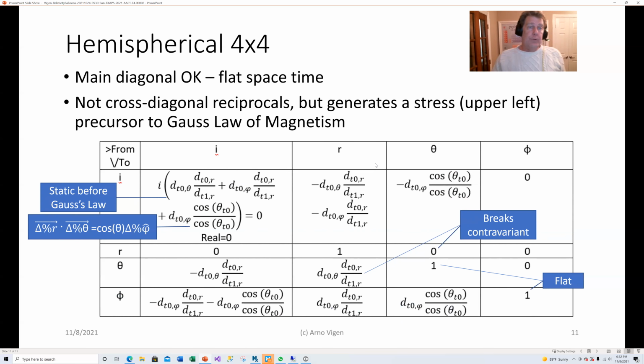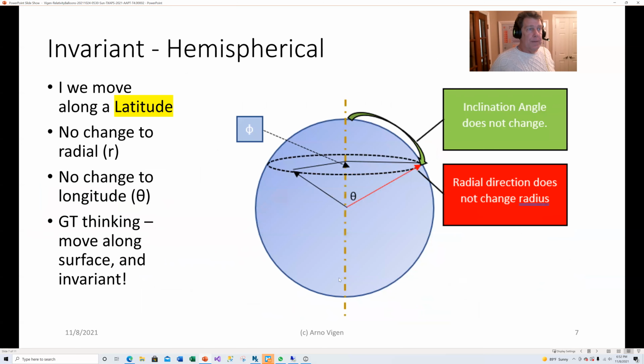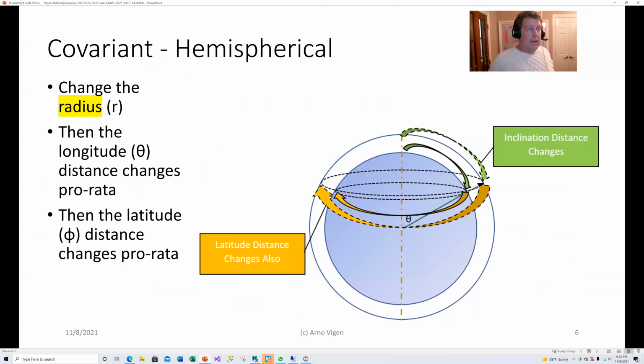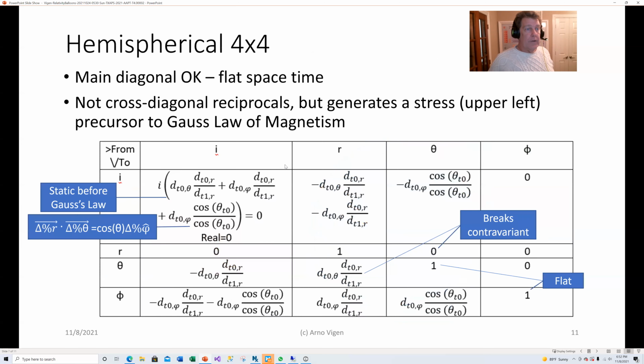So as I go through the radial dimensions, that first relationship here, okay, is covariant. So that means that as this changes by 1, the change in theta has to have this prorate change in the R, in the radial.